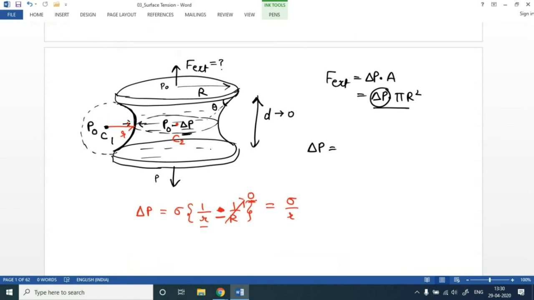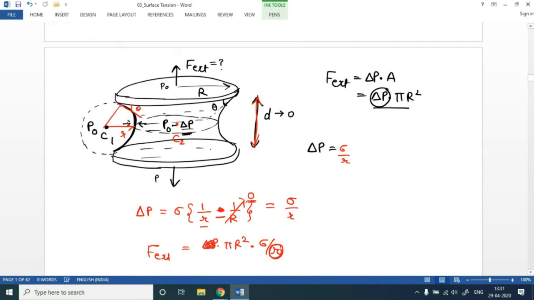When we substitute, F external is delta P into pi R square, and the excess pressure is sigma by r. Now we need to write small r in terms of d and theta.